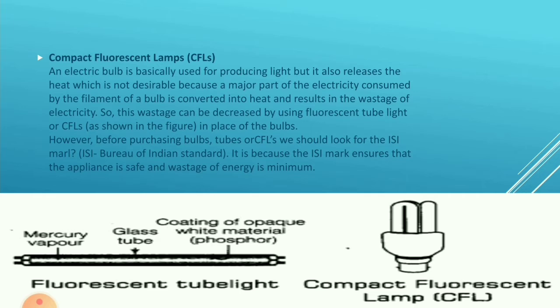However, before purchasing tubes or CFLs, we should look for the ISI mark, the Bureau of Indian Standards mark. It is because the ISI mark ensures that the appliance is safe and wastage of energy is minimal.